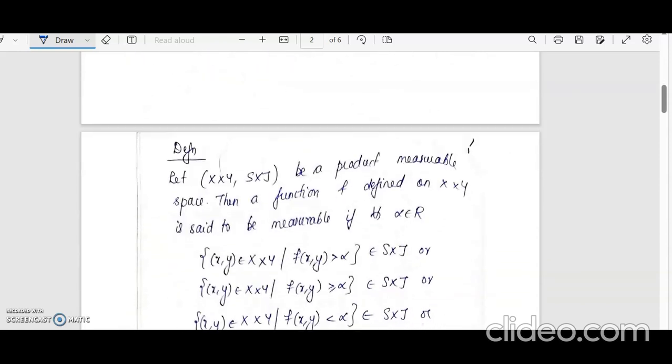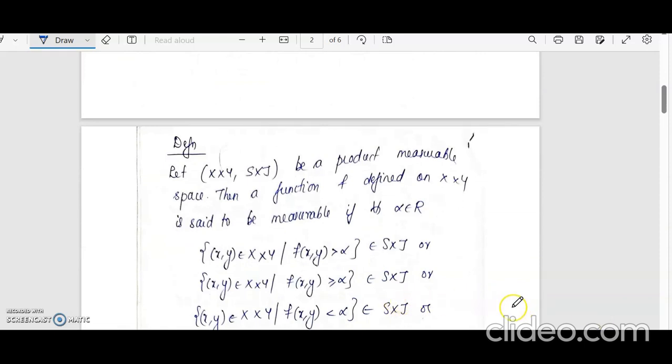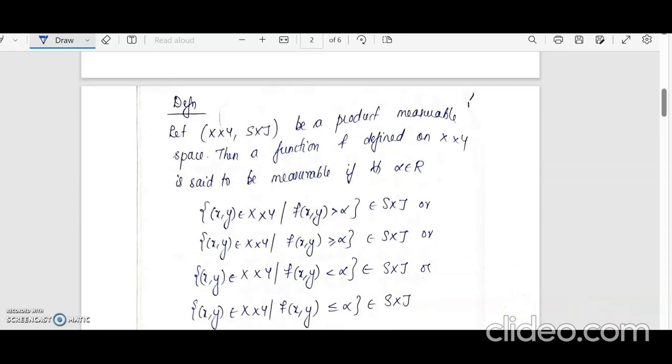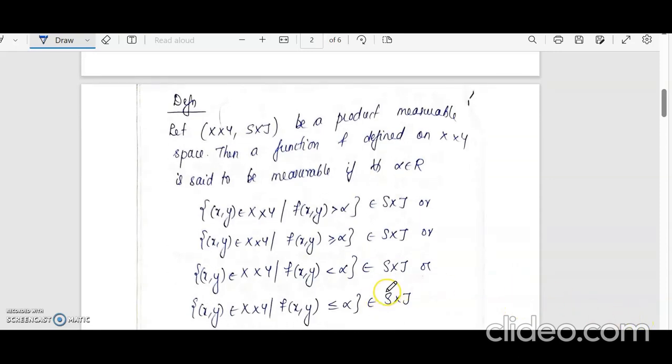Now let us look at the condition for function f of xy to be measurable. So again that is similar to the condition we have for a function of one variable. So now we have the product measurable space x cross y and S cross J. So consider this product measurable space, and f is a function defined on the domain x cross y.